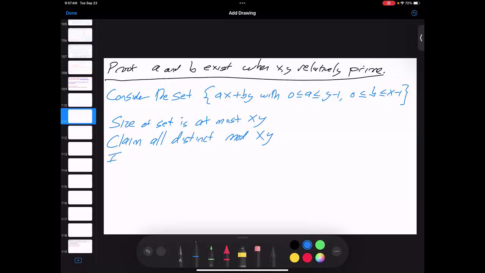If not, we have two pairs with A1X plus B1Y equal to A2X plus B2Y mod XY. That's what it would mean for the two pairs to be the same mod XY.